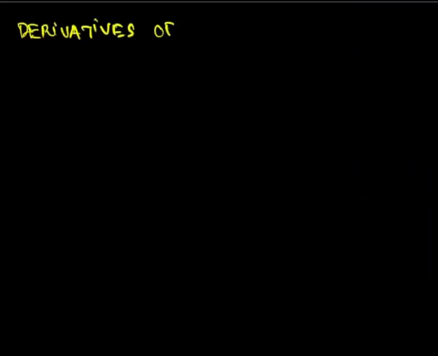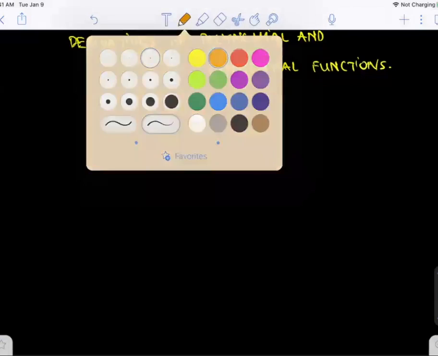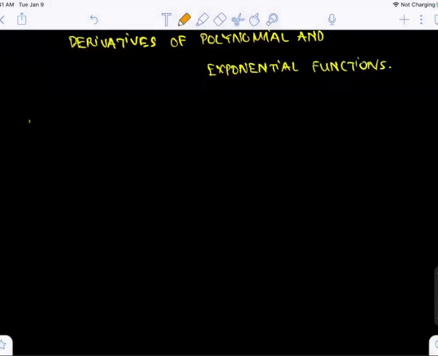So, derivatives of polynomial and exponential functions. All right. So the first derivative is the derivative of the constant functions.